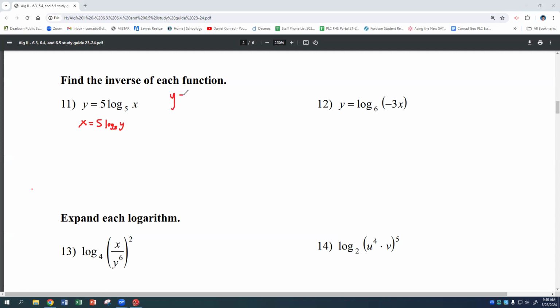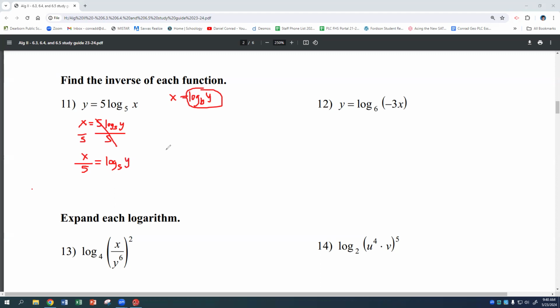So I want to get it to look like this. Oops, this should be x. Again, it doesn't matter what letters are which, but this is the form we're going for. So in order to get the log base 5 by itself, I need to divide both sides by 5. So it's going to be x over 5 equals log base 5 of y.